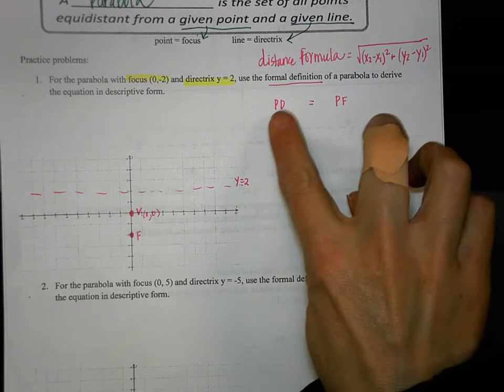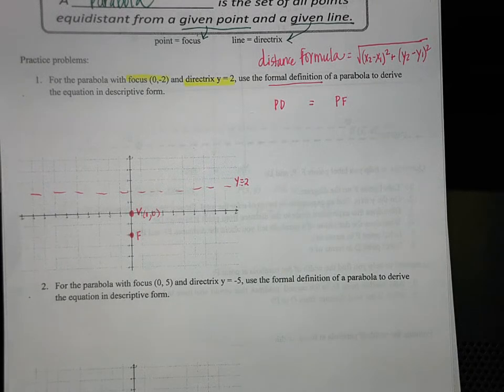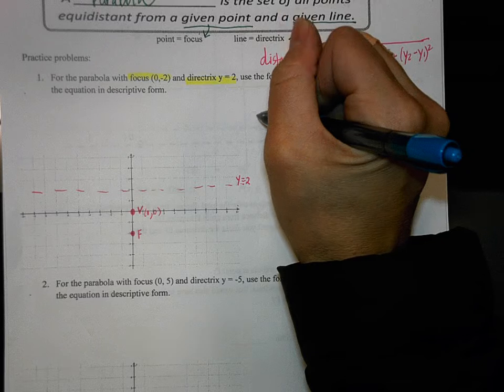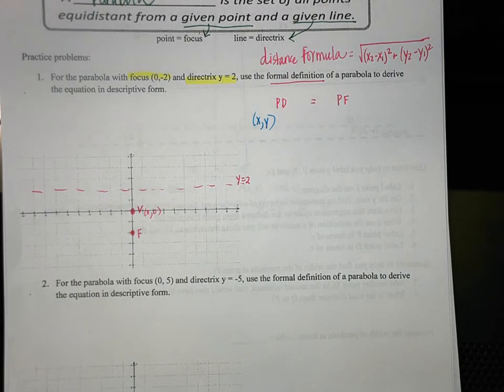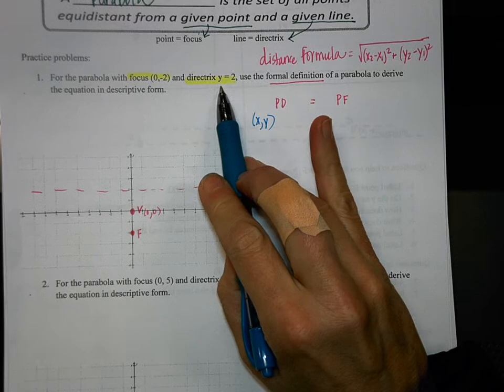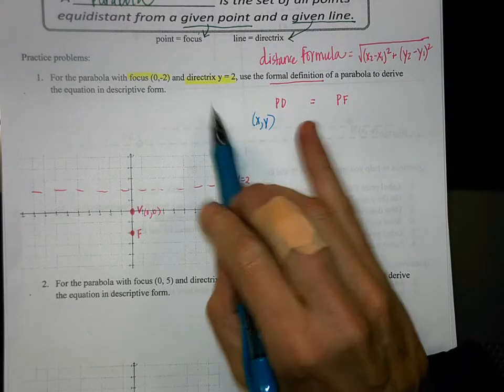So, when we're deriving the formula, the point that we're going to use is just xy. We're going to call the point xy. The directrix, do you see here how it says y equals 2?